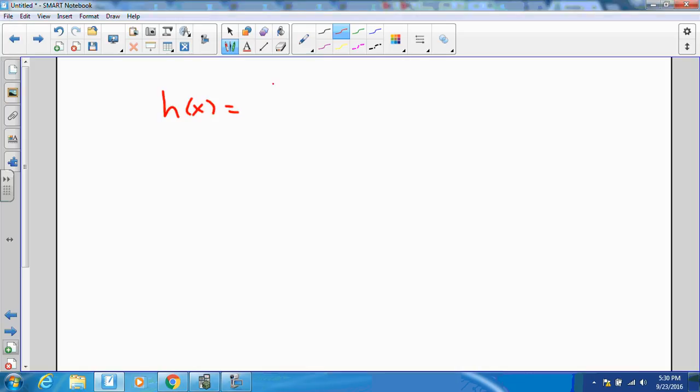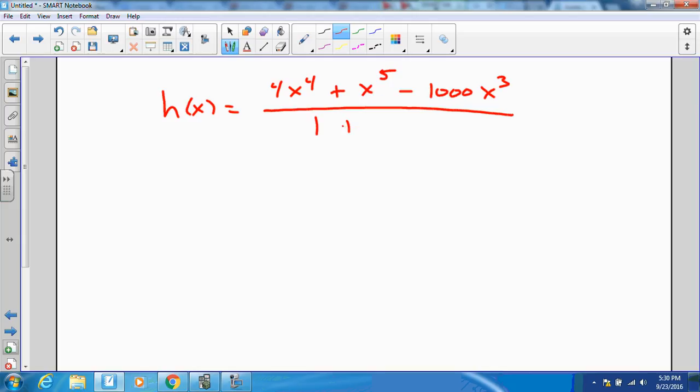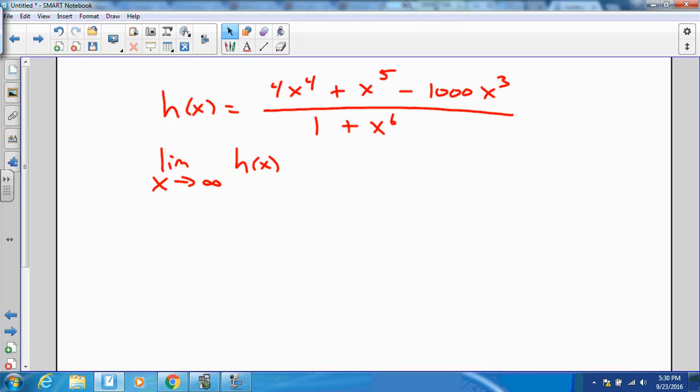So one more. Let's let h of x be equal to 4x to the 4th plus x to the 5th minus 1,000 x cubed, all over 1 plus x to the 6th. And what we would like to do is to find the limit as x goes to infinity of h of x.